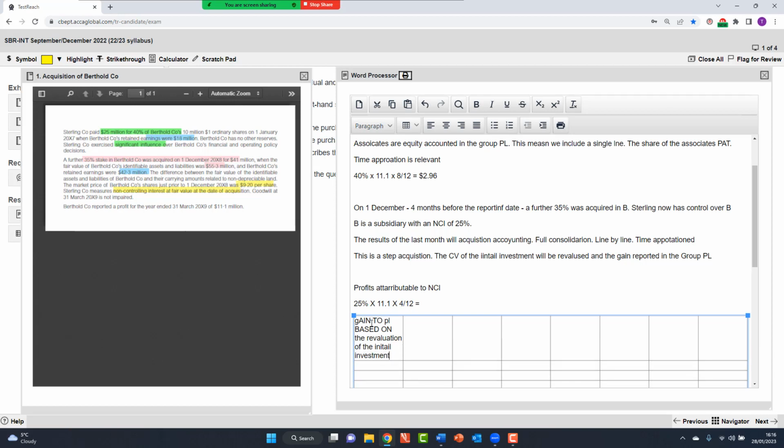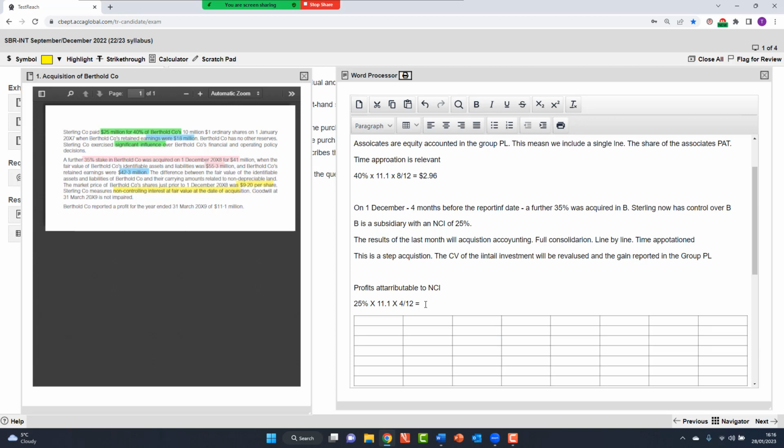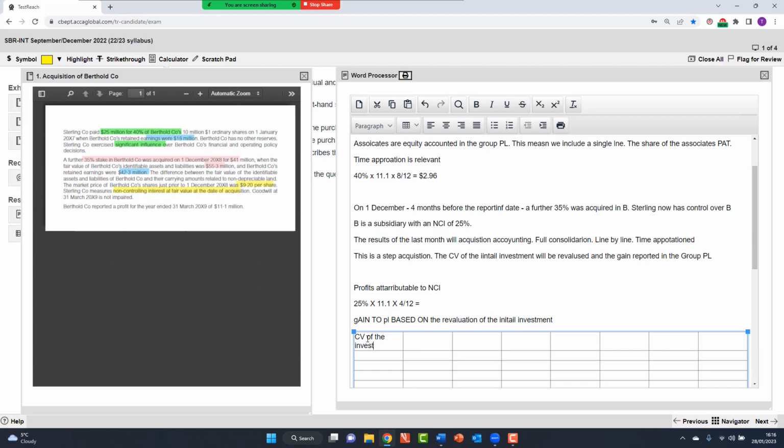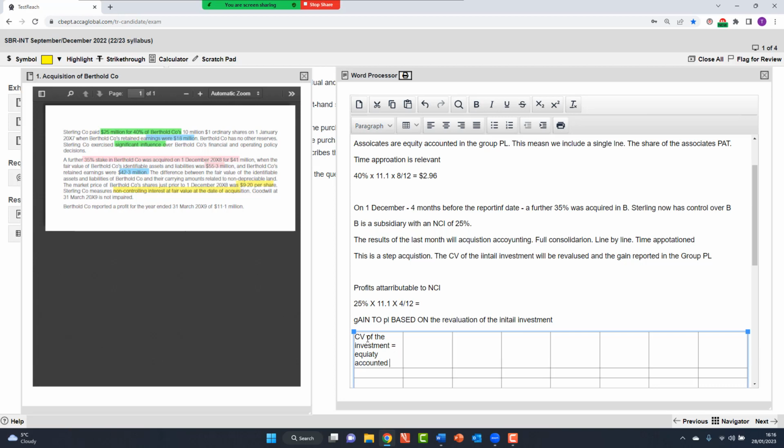And that's something that I would need to think about. And I'm a little bit worried about the time, so I might be inclined to move on from that. But that would be based upon the carrying value of the investment, which would be equity accounted, at the date of control.